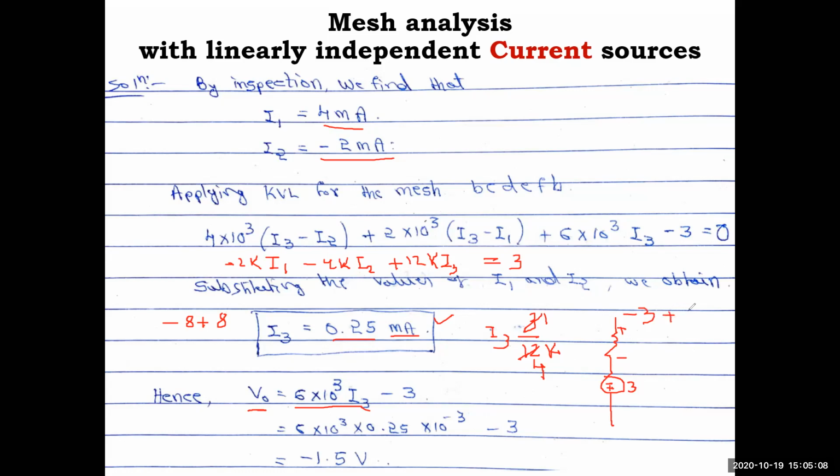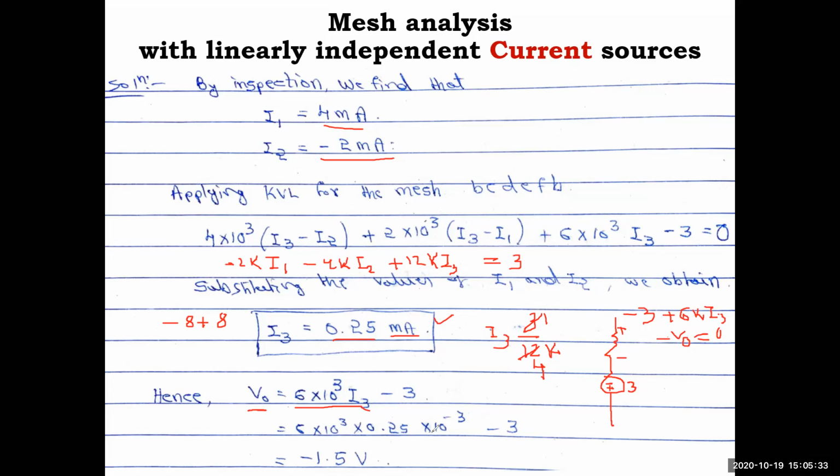So that's why plus 6k I3 equal to 0. So I have written it the reverse way, 6k I3 minus 3. Okay, so here one more is minus V0 equal to 0. V0 has plus minus in that circuit, right? So that's why V0 is equal to 6k I3 minus 3.